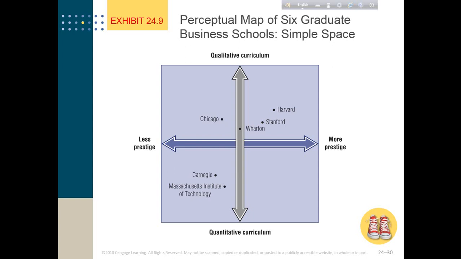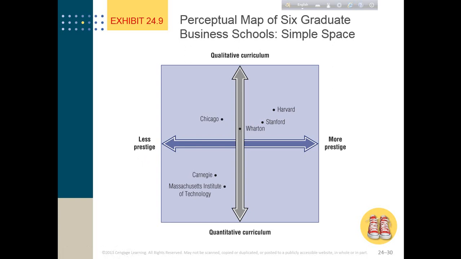Here, respondents were asked to provide their judgment on some very famous business schools like Chicago, Carnegie, Massachusetts Institute of Technology, Wharton, Stanford, and Harvard. They were asked to provide their judgment on how qualitative or quantitative their curriculum is and how prestigious they are.